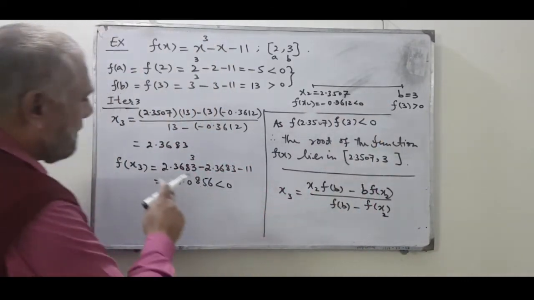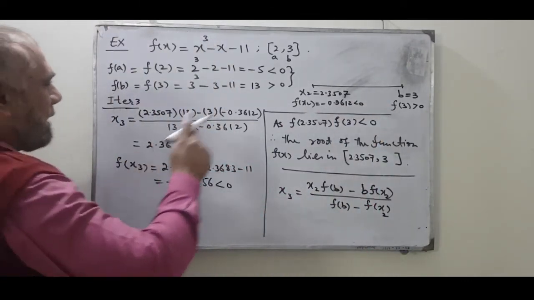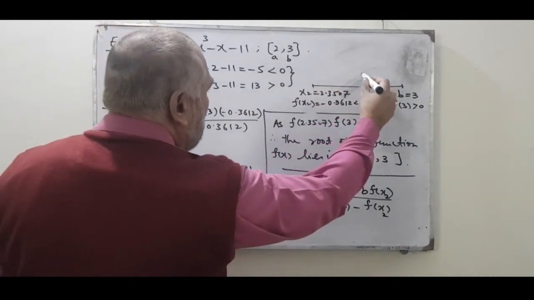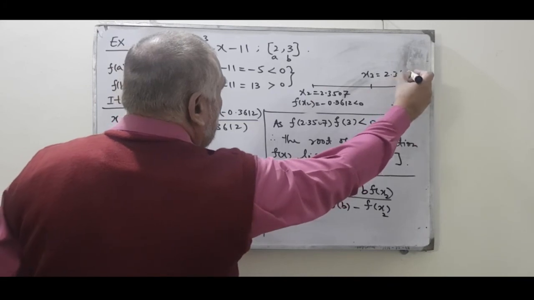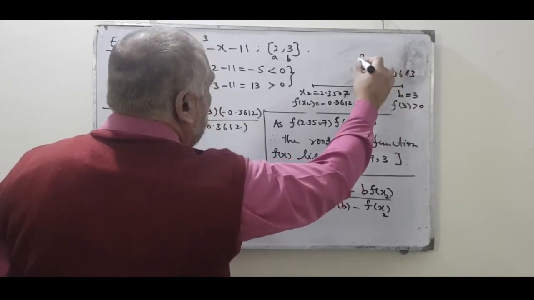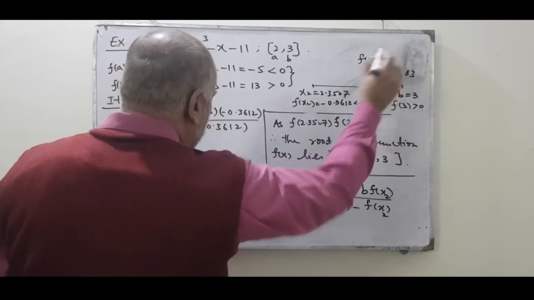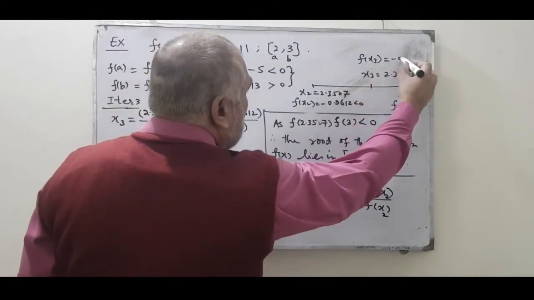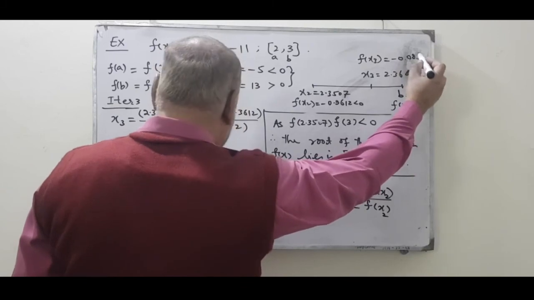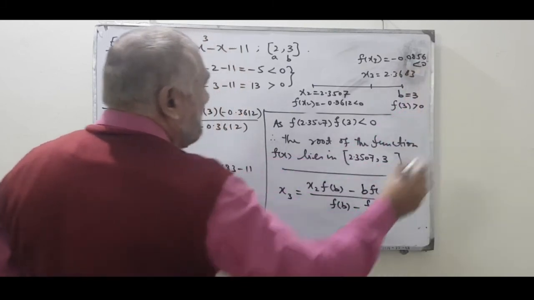Now we obtained one more interior point x3. Suppose x3 is somewhere here, and this is equal to 2.3683, and the function's value at x3 is minus 0.0856, and this is negative.